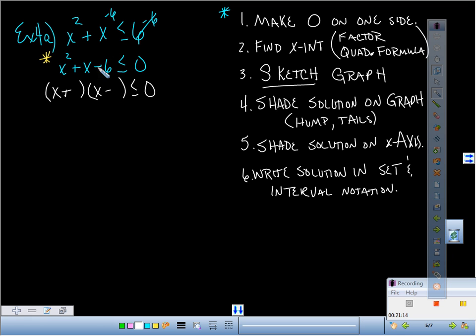The factors of 6 that subtract to be 1: 2 and 3. I want a positive 1, so who goes by the plus sign? 3. Very good. And the 2 goes here. So if x plus 3 is a factor, what's the x-intercept? Negative 3. If x minus 2 is a factor, what's the x-intercept? 2. All right, does everybody know how to do that?